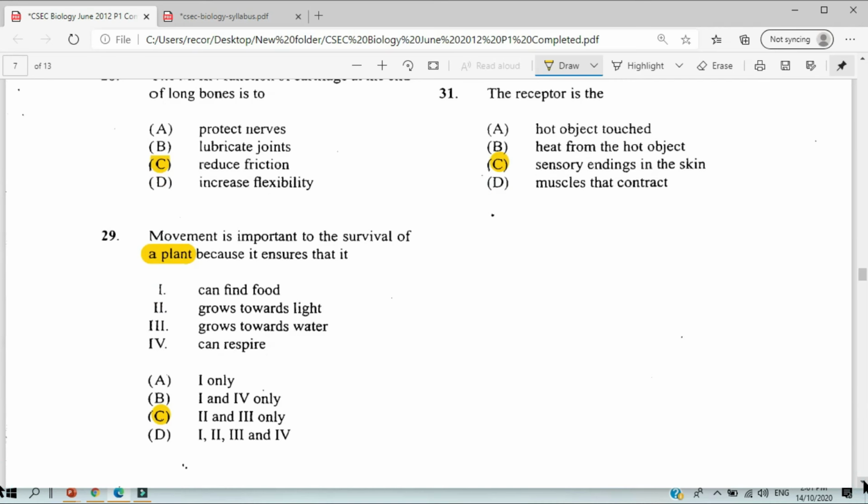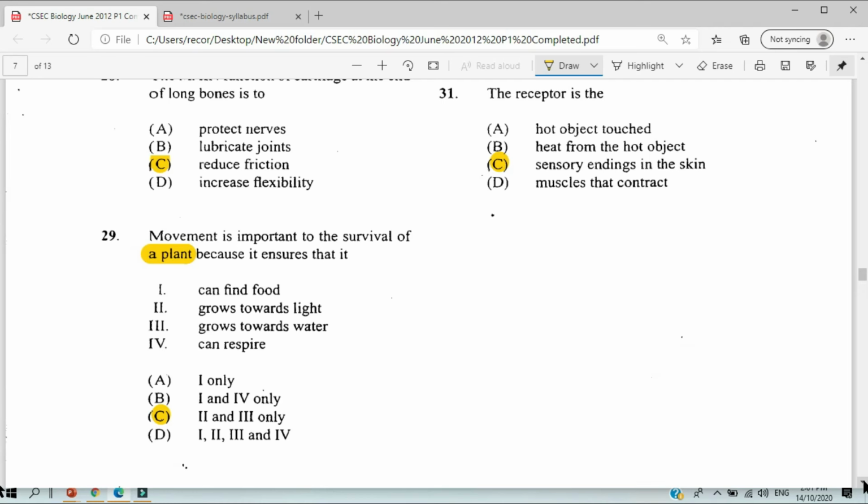Question number 29. Movement is important to the survival of plants because it ensures that 1. They can find food, 2. Grow towards light, 3. Grow towards water, 4. Can respire.